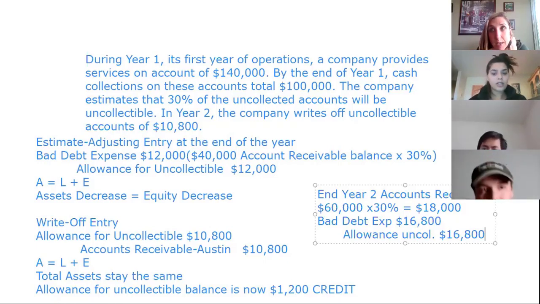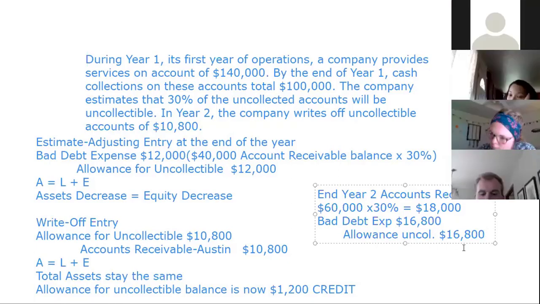If there is a debit balance, you're going to have to add it to the percentage that you calculate. Yes, to the 30%, correct.